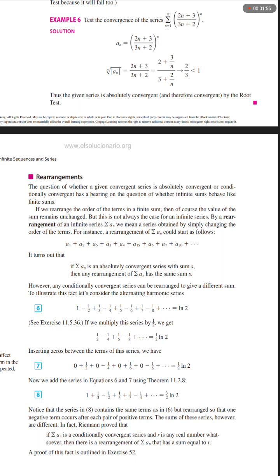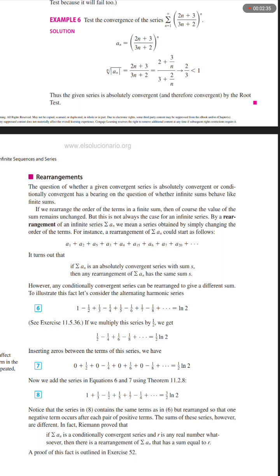By a rearrangement of an infinite series, the sum of a sub n, we mean a series obtained by simply changing the order of the terms. For instance, a rearrangement of the sum of a sub n could start as follows: a sub 1 plus a sub 2 plus a sub 5 plus a sub 3 plus a sub 4 plus a sub 15 plus a sub 6 plus a sub 7 plus a sub 20 plus, and so forth.